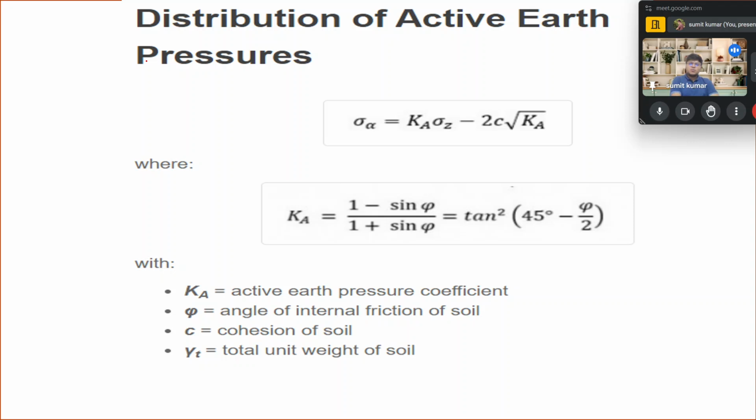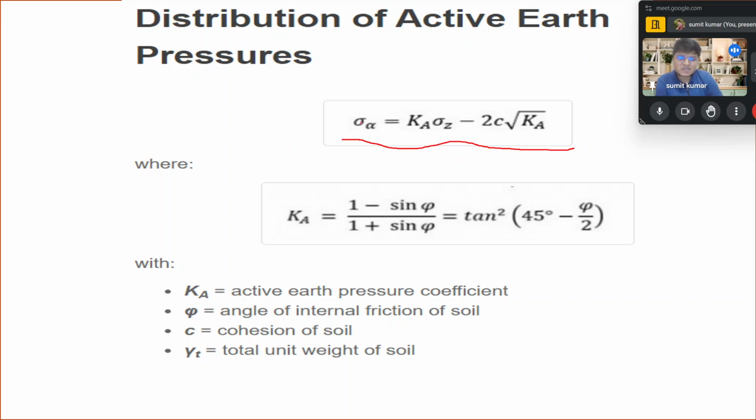And when we move ahead, as we have discussed, when we talk about the active earth pressure distribution, it is nothing but K into sigma z minus 2c root K as per Rankine. It is up to K sigma z, but when it is extended to the cohesive soil, it becomes minus 2c root K as per Bell's theory.